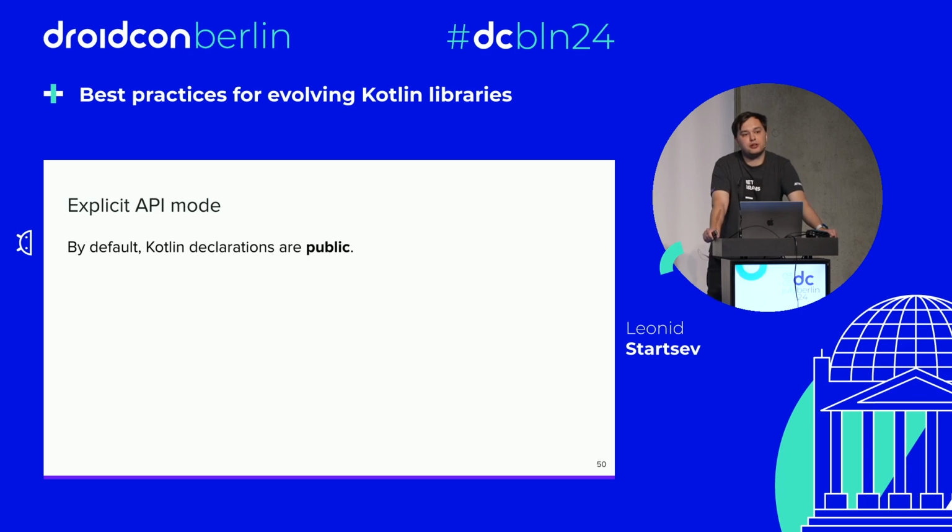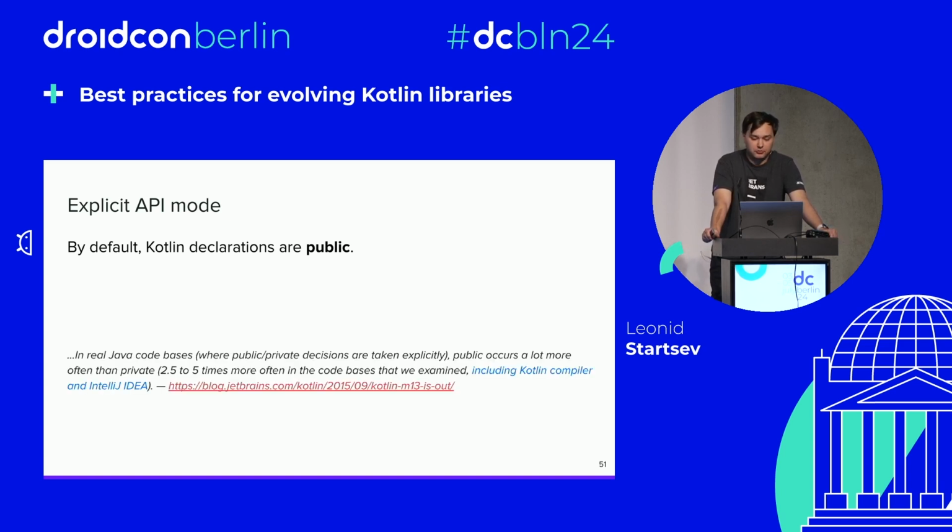Another tool that Kotlin provides you for library authoring is explicit API mode. The reasons for this mode are the following. As we all know, by default, Kotlin declarations are public. It wasn't always the case. In Kotlin before 1.0, all declarations were actually internal by default for some time.